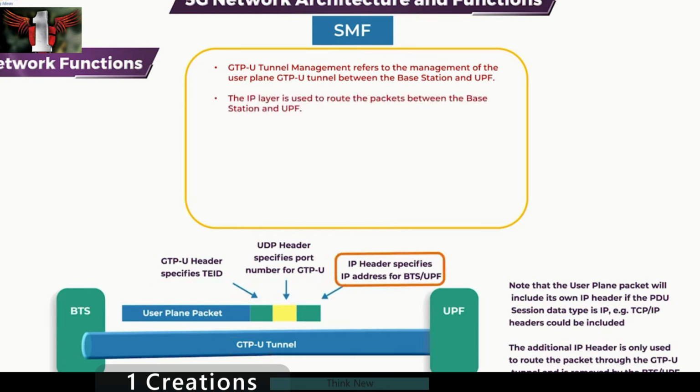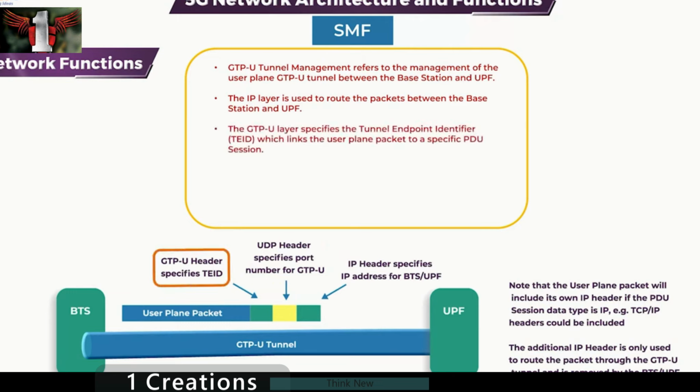The IP layer is used to route the packets between the base station and UPF. The UDP layer is used to provide connectionless data transfer and to specify the port number for the GTPU layer. The GTPU layer specifies the tunnel endpoint identifier, TEID, which links the user plane packet to a specific PDU session.